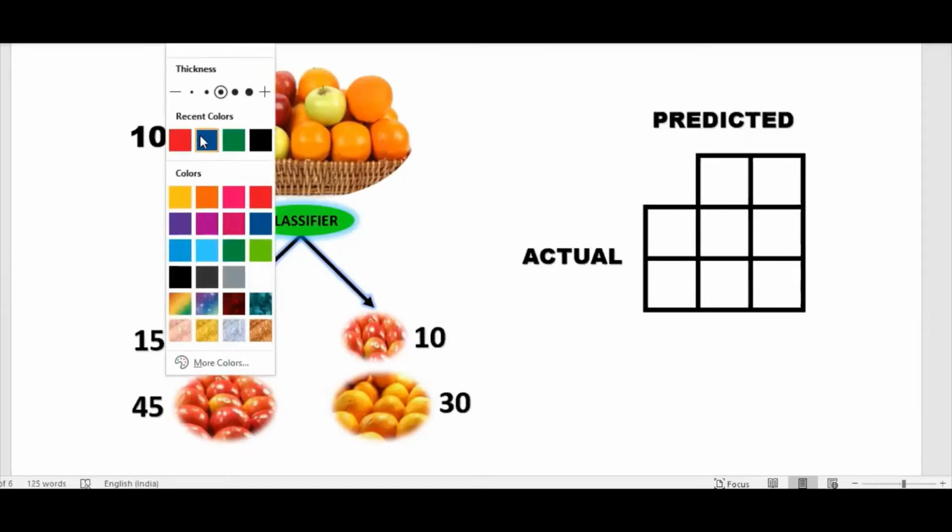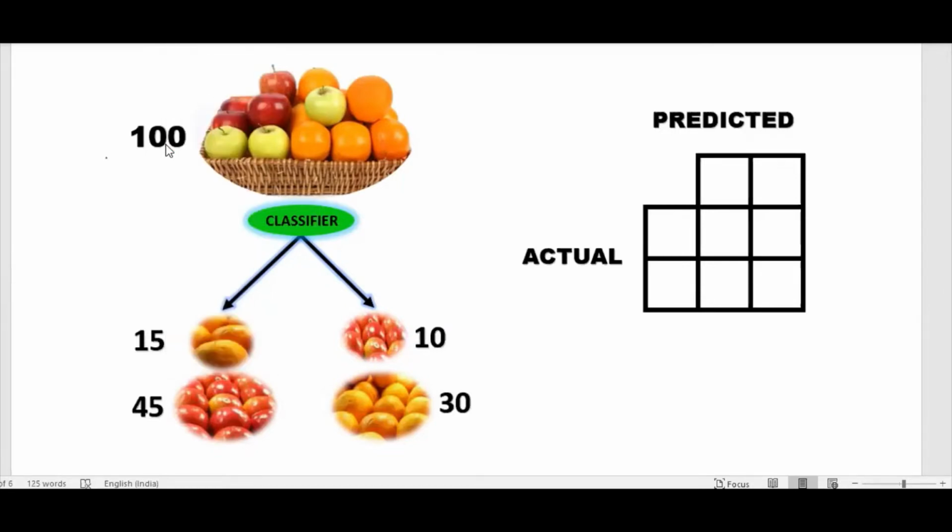And I'll tell you what is the difference of this diagram with the last one. I've written all here, 100. I considered 55 apples.